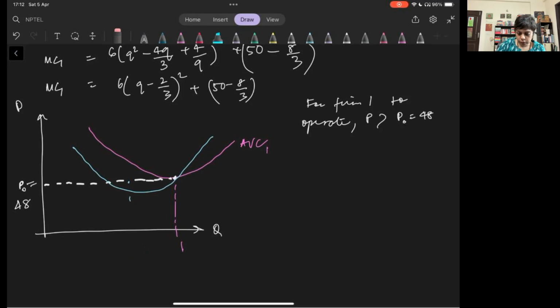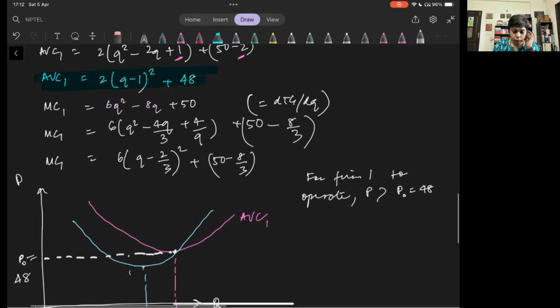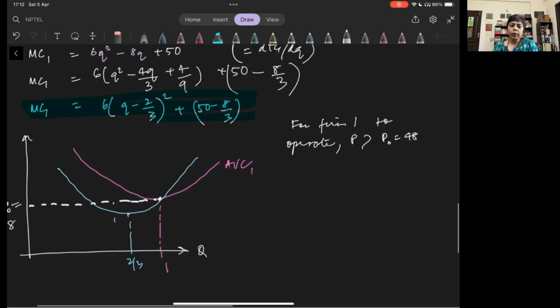So if you see at Q equal to 1, now let's look at the marginal cost curve. This is the marginal cost function. At Q equal to 1, marginal cost also comes out to be 48.